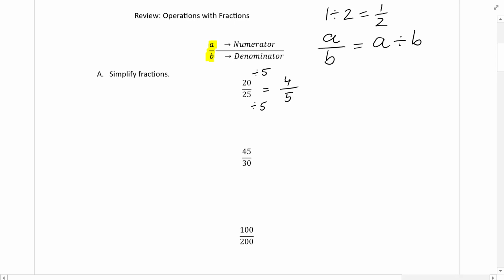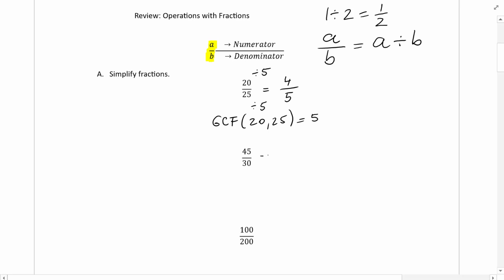So 4 over 5, because these numbers don't have any common factors. In other words, the greatest common factor of 20 and 25 is actually 5. The highest number that divides 20 and 25 evenly is 5. Because 1 also divides both of them evenly, but the highest one is 5.